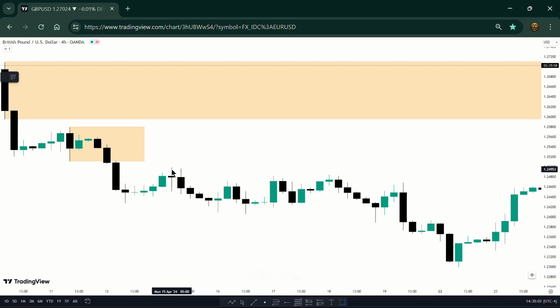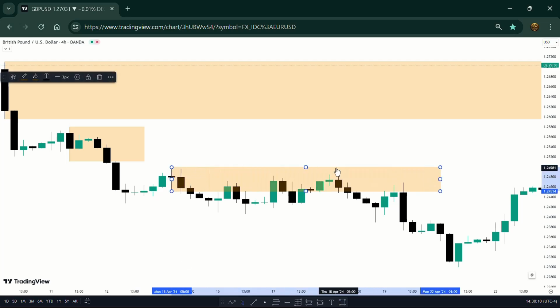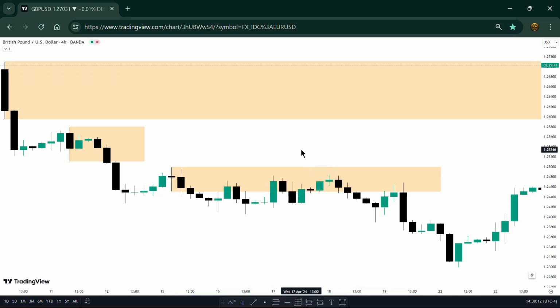All right, so this is our single candle order block. If you draw it out like that, all these candles were just reacting to that. If you pay attention, just after this was confirmed as a single candle order block, this is when all these candles started reacting.